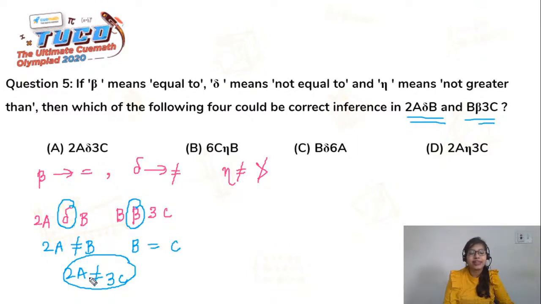So it's very obvious that if 2a is not equal to 3c, which basically means that 2a is not equal to b as well, because b and c are dependent on each other. Okay? And sorry, this is going to be 3c here. Alright, so I hope I made myself very clear. So it's nothing but option A itself which is going to satisfy our condition. Okay.